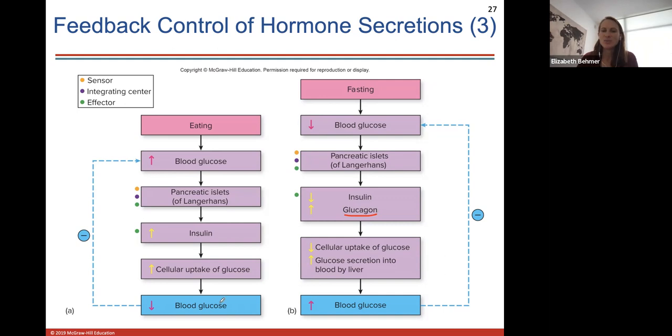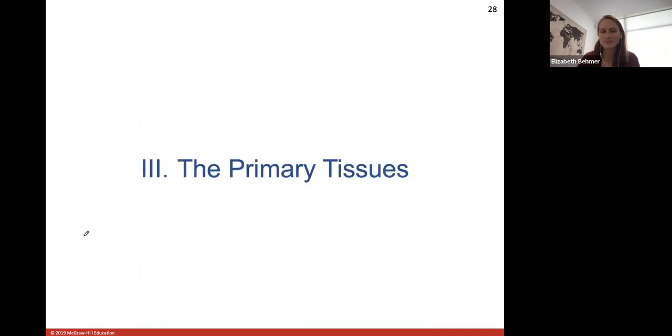And again, once your blood glucose levels are back within normal range, that end result will turn off the initial stimulus or the effect that's being produced. And that's where this negative sign is showing that the end result, once it's back in normal range, will turn off the initial stimulus, and that's what the negative feedback loop is.